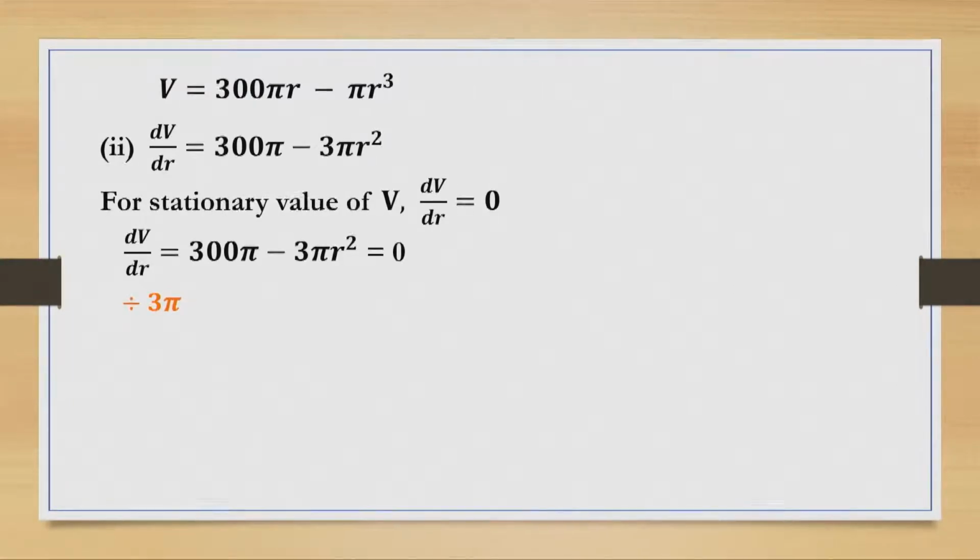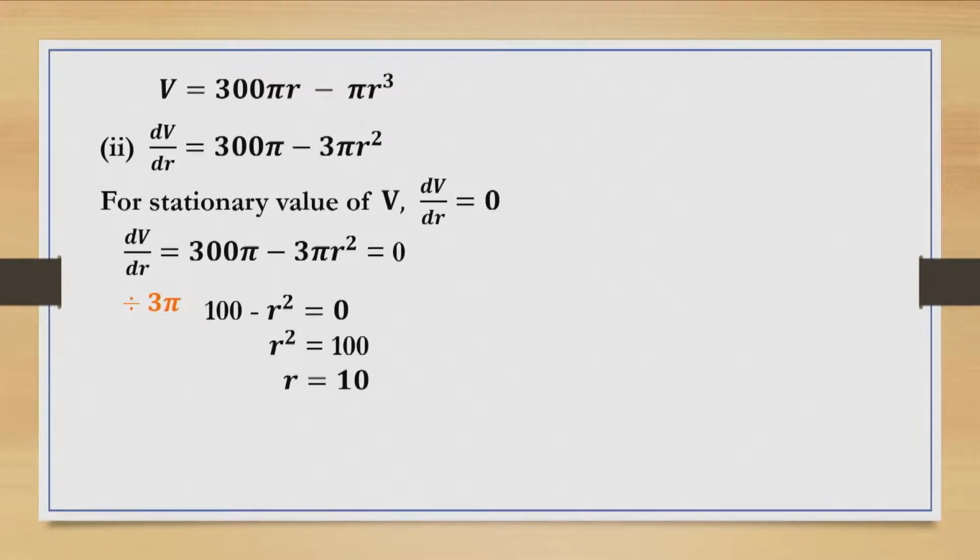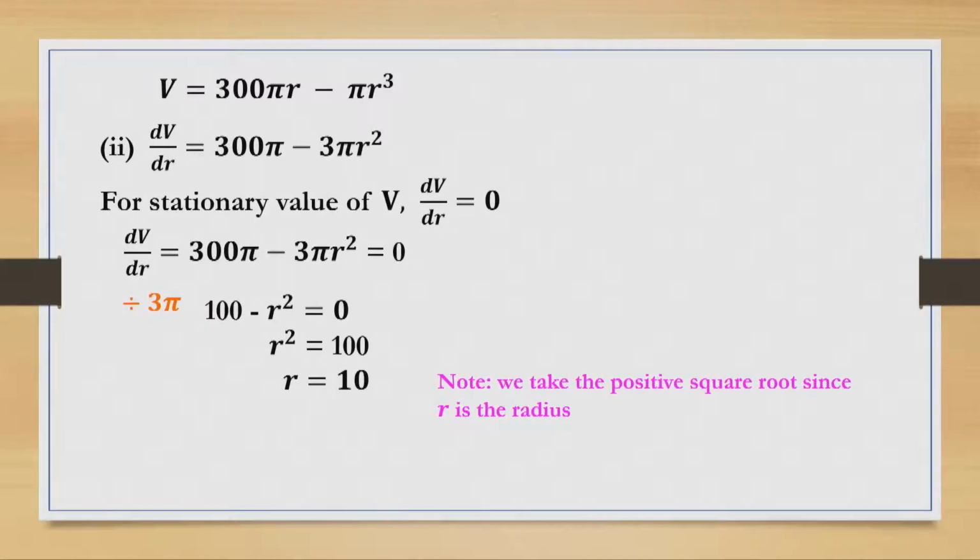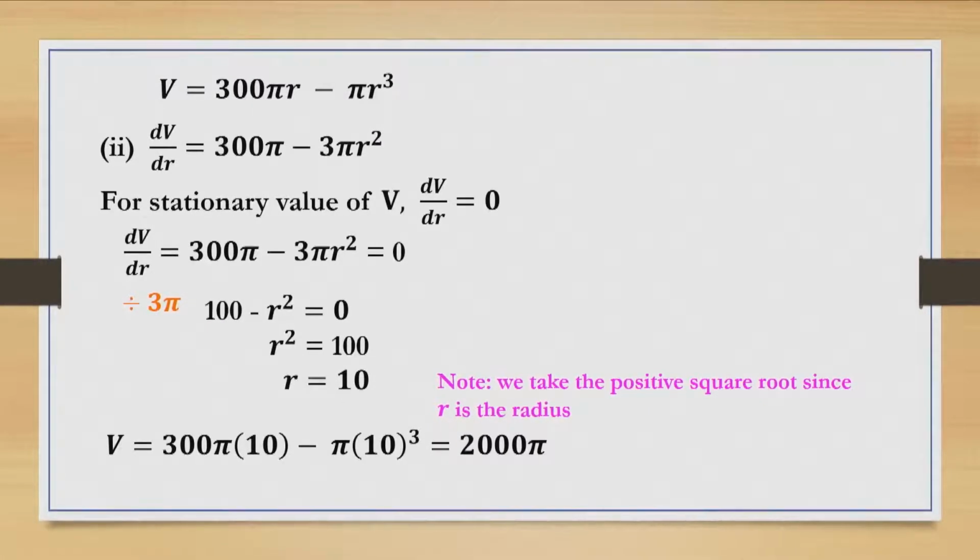I divide by 3 pi. I obtain 100 minus r square equal to 0. r square equal to 100 and r will be equal to 10. Note, here I'm taking the positive square root because r is the radius and radius cannot be negative. So r equal to 10. Now I replace this value of 10 into the expression for v above. So v is going to be equal to 2000 pi.